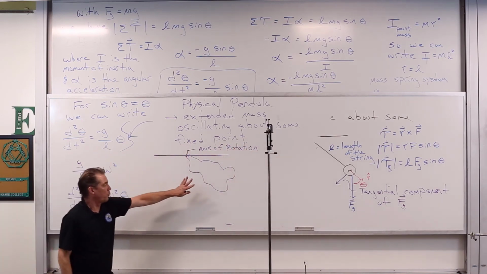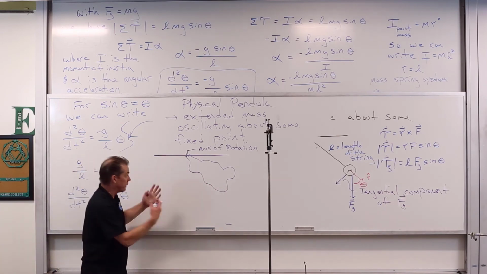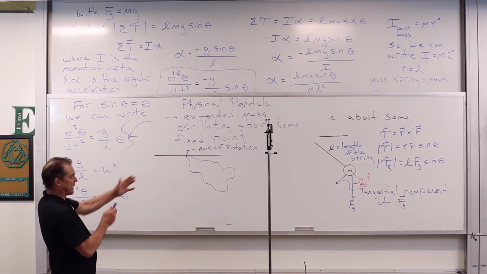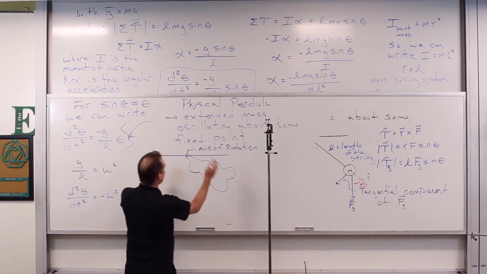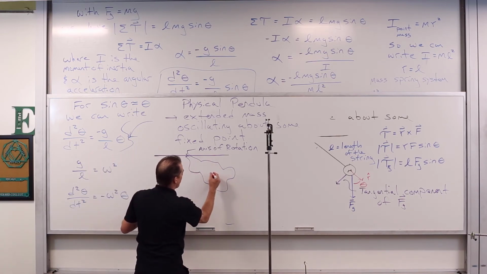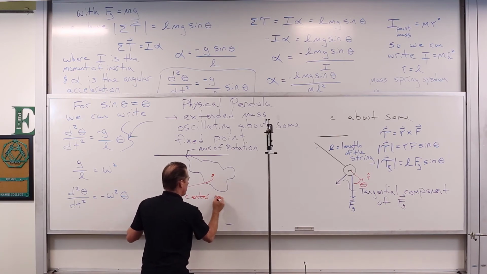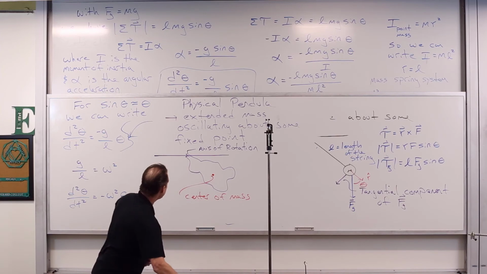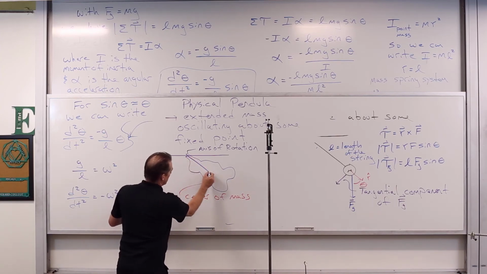And this object would have some moment of inertia relative to that point that theoretically we should be able to figure out in some way. And what else does this object have? Well, the object has a center of mass. So somewhere this object's center of mass is, and we'll just say the center of mass is right there. What do we have with that center of mass? That center of mass is some radial distance away from the axis of rotation.